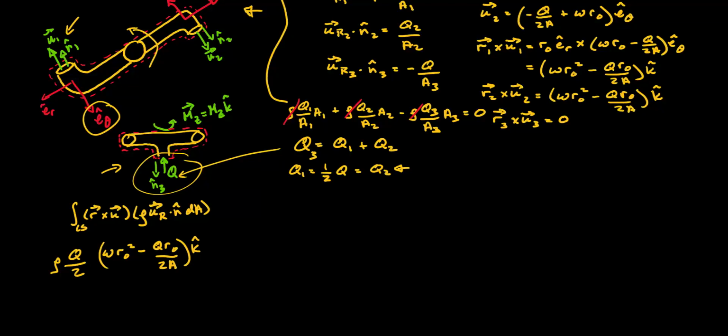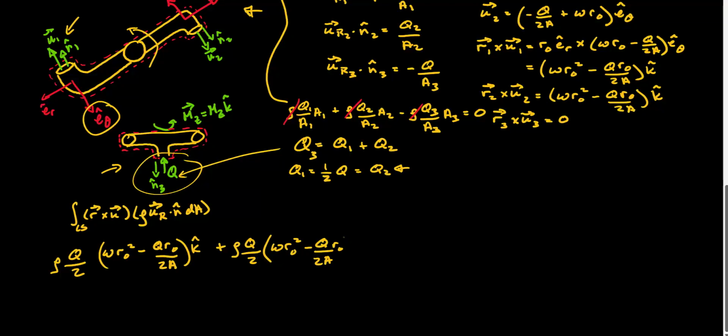And then similarly, we're going to have rho Q over 2 omega R naught squared minus Q over 2A in the k direction. The third control surface, being the inlet, is 0.